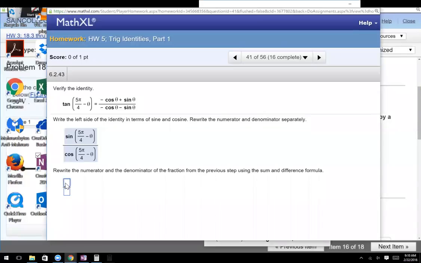Okay, so we're going to use the sum and difference formulas for sine and cosine. Sine of two things subtracted is sine cosine minus cosine sine.